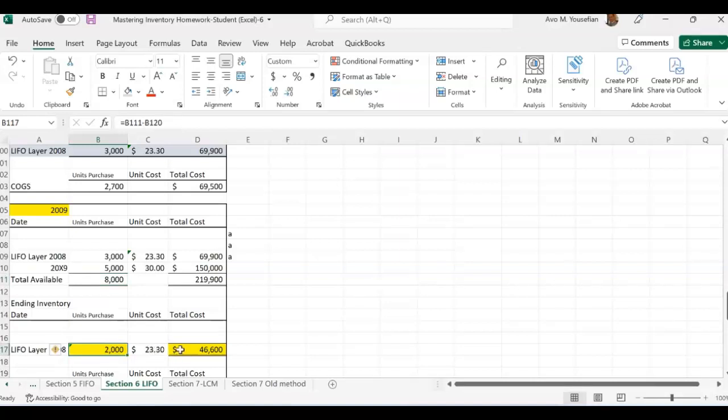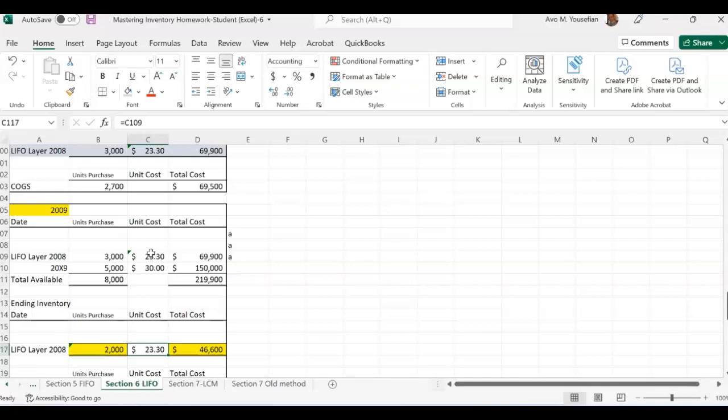And where is the 2,000 coming from? You see the whole 2019 layer is gone. LIFO, last in, first out. But we sold more than that, right? So we go to the LIFO layer at the top, and we say from this layer, we have 2,000 units left. What's the cost? The cost is 23.30 right here.